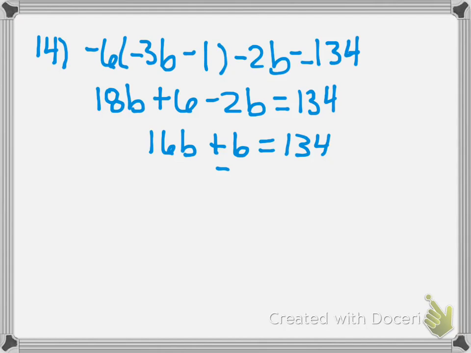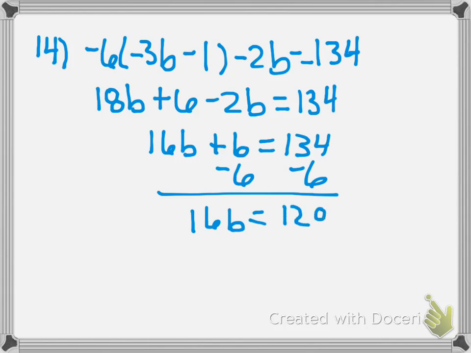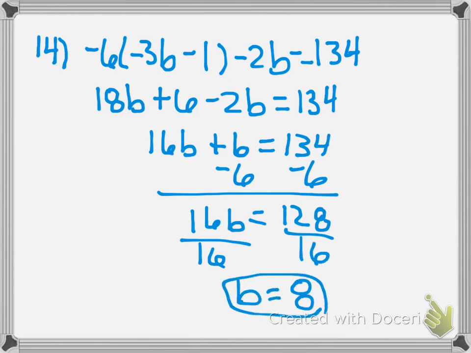So we're going to do minus 6 equals 134, or minus 134. So I have 16b is equal to 128. And then I divide by 16 to get an answer of, I believe, 8. Yay, I'm right. So there's that problem, and hopefully that one shouldn't be too difficult.